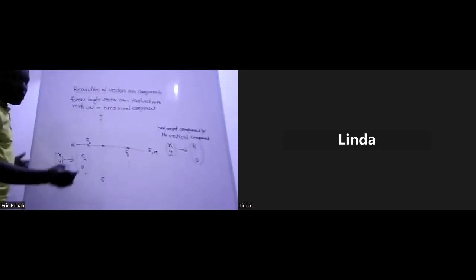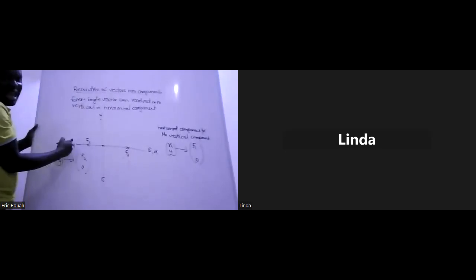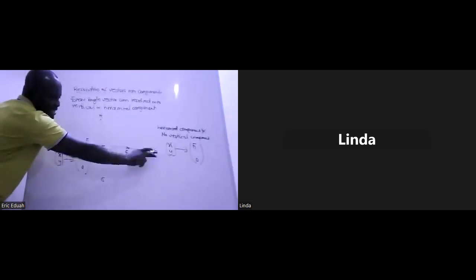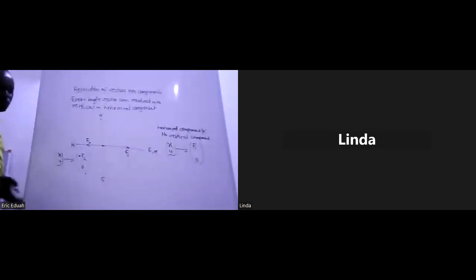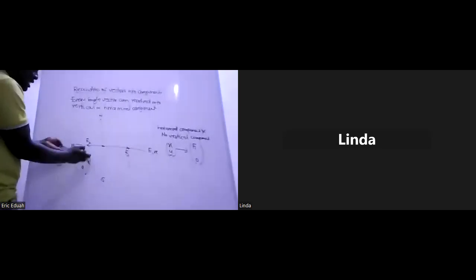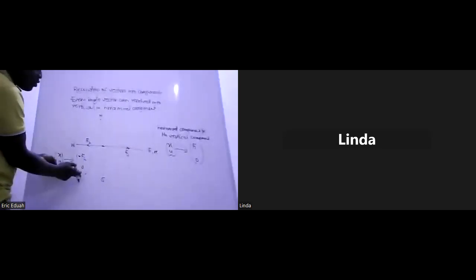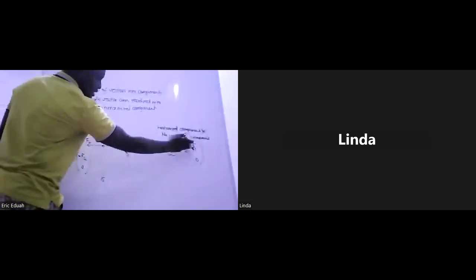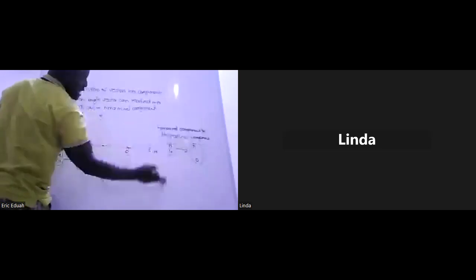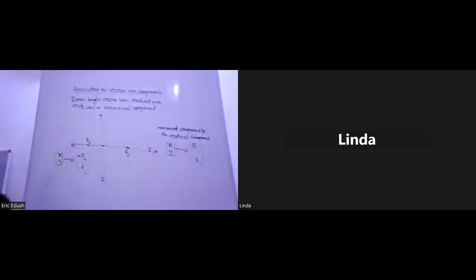But you look at the direction of the vector. Is it to the positive x or negative x? This is to the negative x, so you have to bring the negative. So the component of this is negative F2 and 0 vertical.